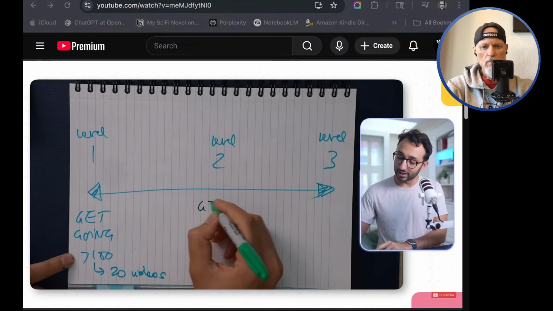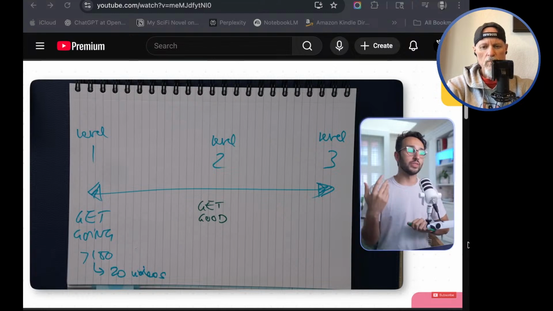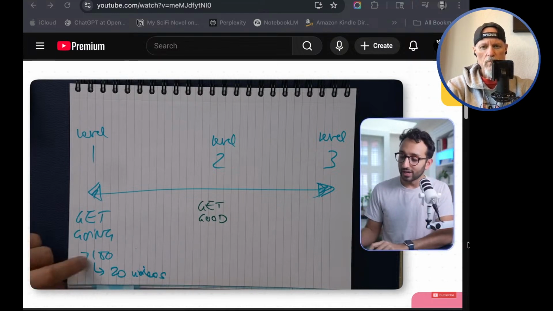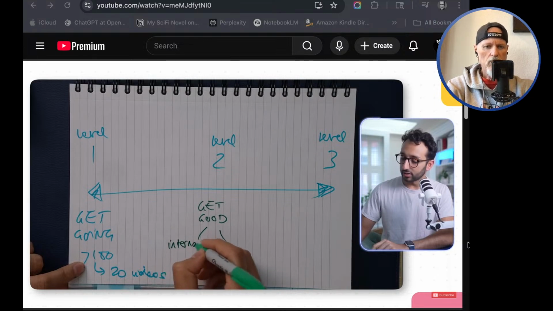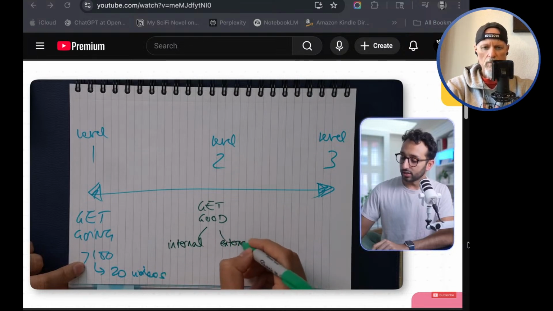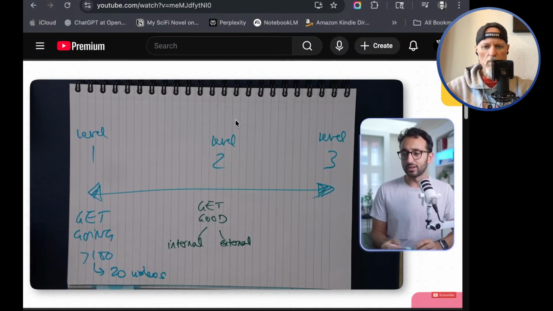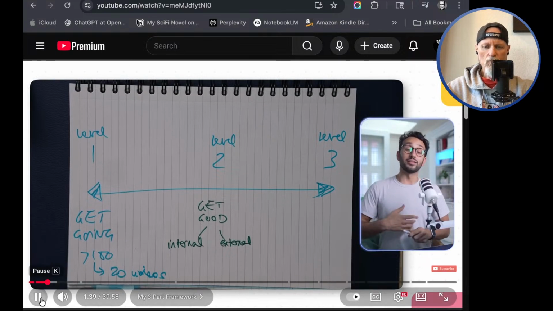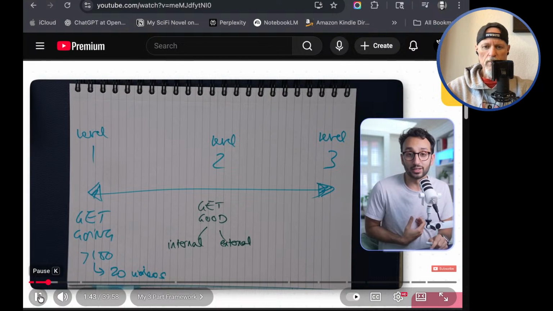At level 2, you're get good. And this is where the whole point is that we're trying to get better at the art and craft of making YouTube videos. And as you know, there's an internal quality bar, and then there's an external quality bar. The internal quality bar is where you're no longer cringing at your own videos, and you think, if a colleague, a friend, or a family member were to watch my videos and say, hey, I saw your YouTube channel the other day, I wouldn't die of cringe and embarrassment inside, right?